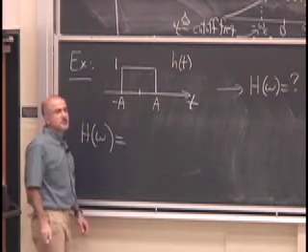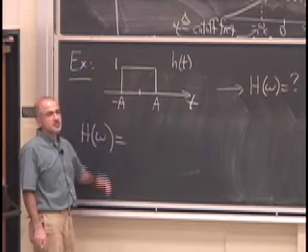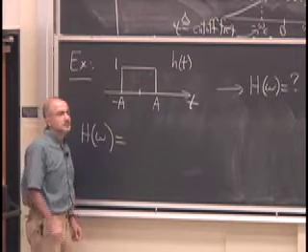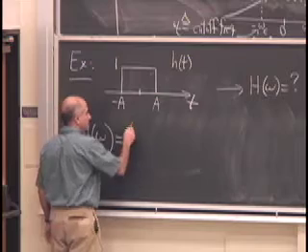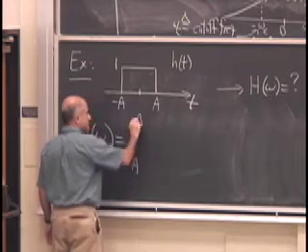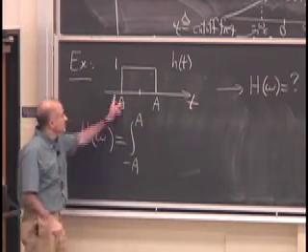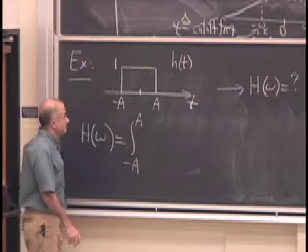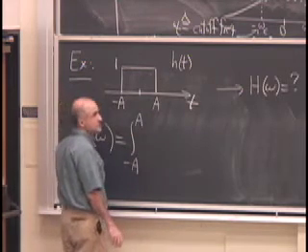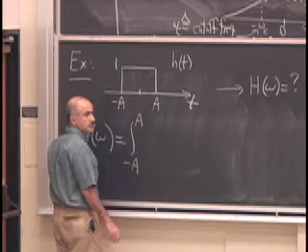Okay, the integral goes from negative infinity to infinity, and how does that get changed here? Negative a to a, because h of t is 0 outside this band. Okay? And in that range, h is 1.